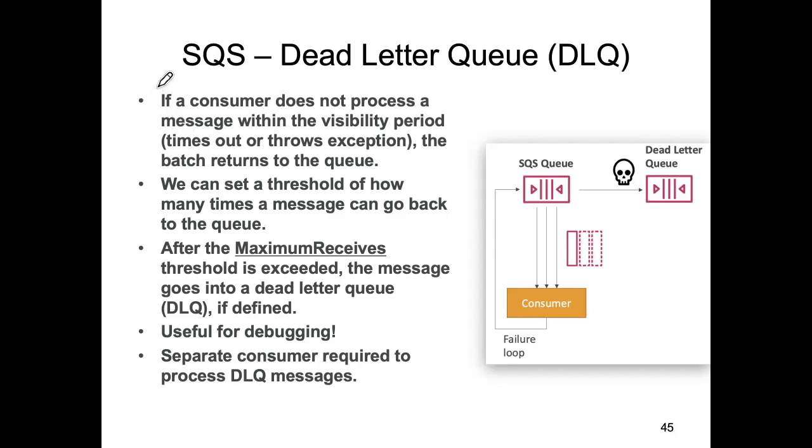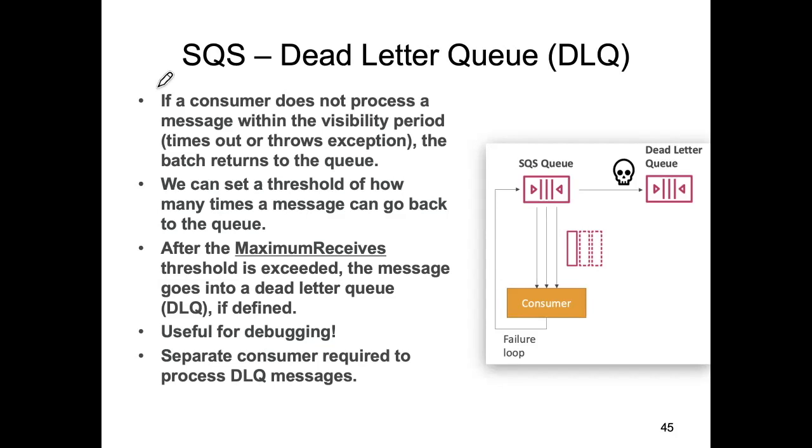Now, the scenario where a batch of messages is given to a consumer and, for whatever reason, the consumer throws an exception as it's processing one of the messages for legitimate reasons. In our case, it will be an invalid order. In that case, when it throws the exception, what happens automatically is that the entire batch of messages that the Lambda is processing is put back into the queue, and once the visibility timeout period expires, they're still available to be processed.